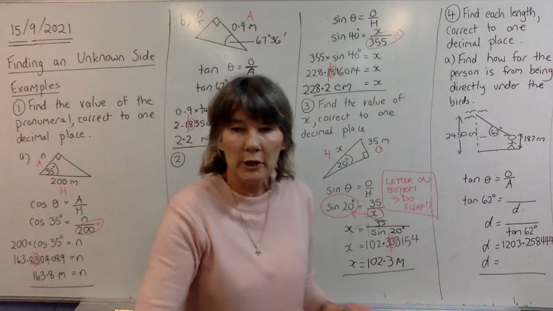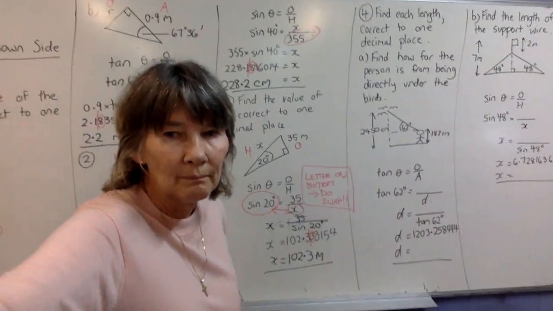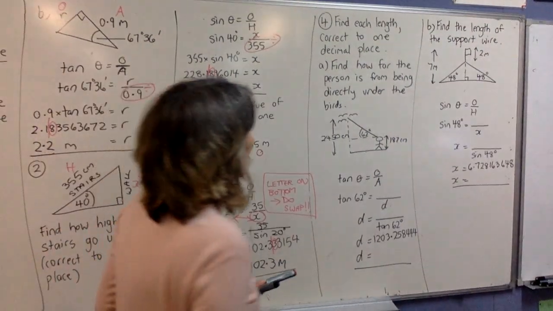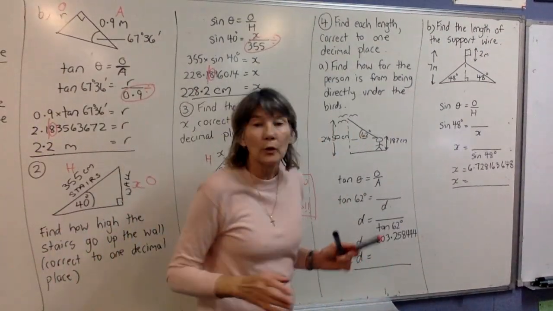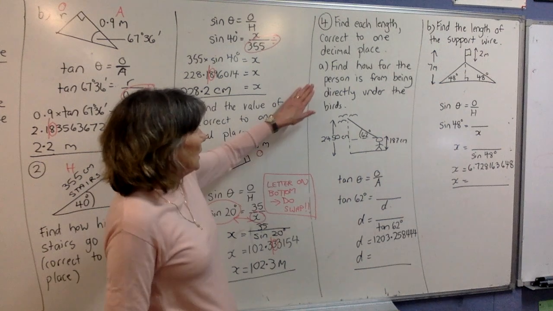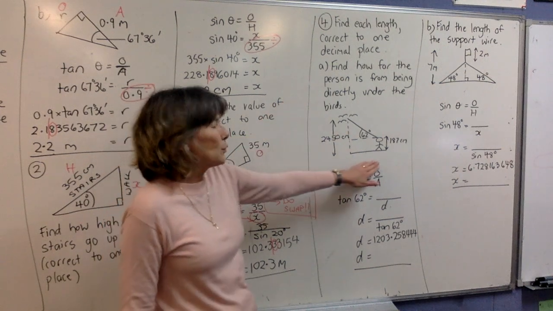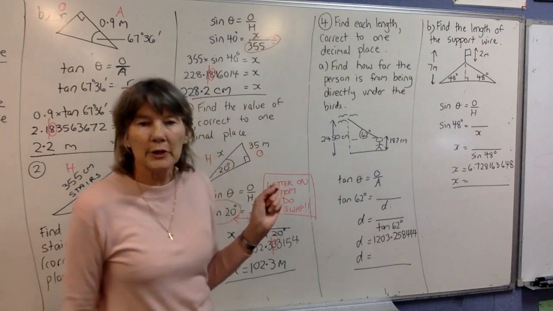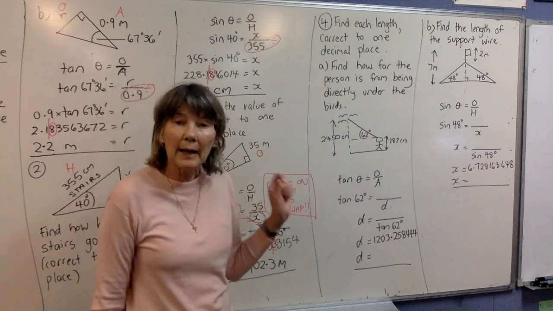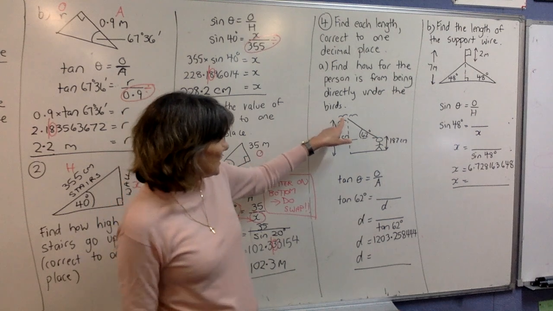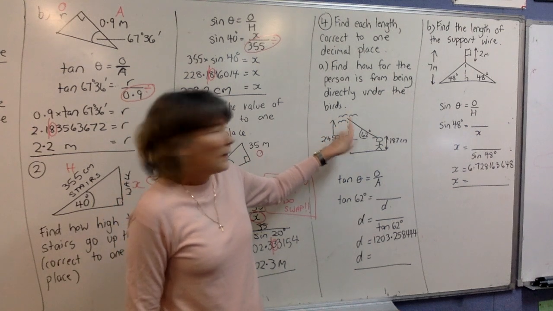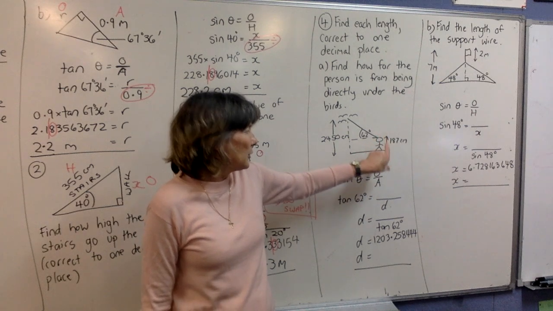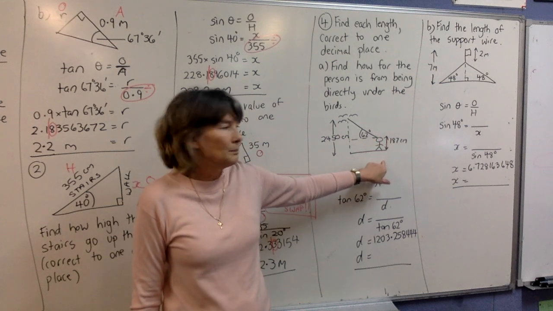Okay, let's look at question 4. Okay, now, number 4. We're finding each length correct to 1 decimal place again. So in this question, we've got a drawing here, and we're trying to find how far the person is from being directly under the birds. These are the birds. This is the person. The person is 187 centimetres tall.